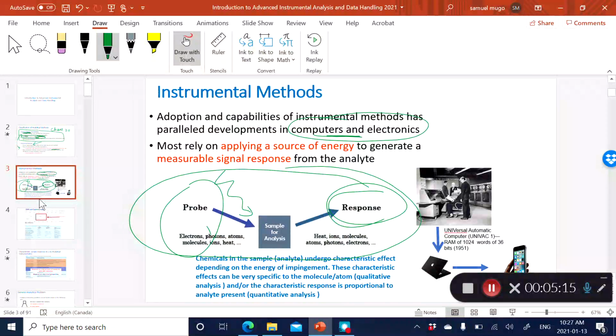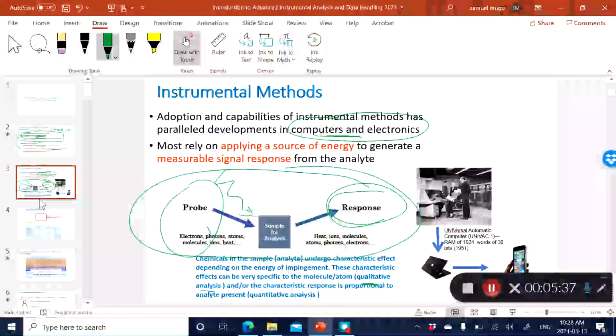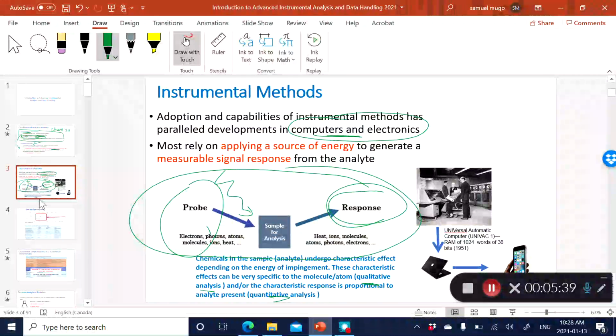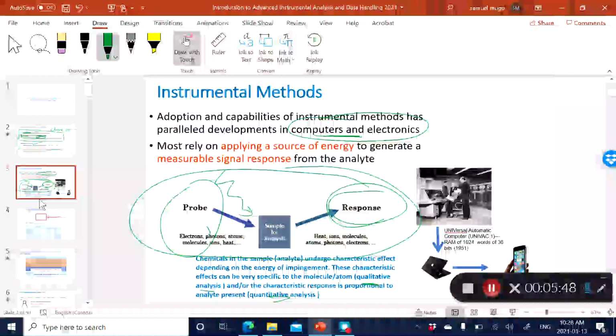And as such, you might be able to determine specifically what type of analyte it is. And that's what you call qualitative analysis, where you're trying to find out what is present in the sample. But also the response can be proportionate to the amount of chemicals that are present. And that is what you refer to as quantitative chemical analysis, where you're trying to determine the amount of the chemical species that is present in the sample.